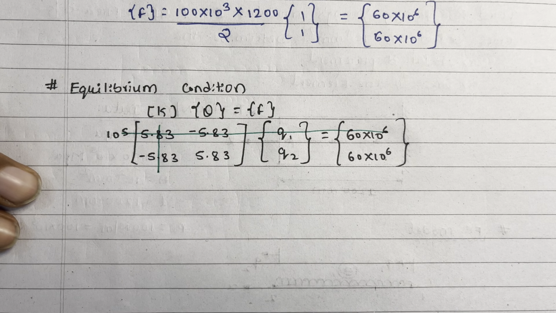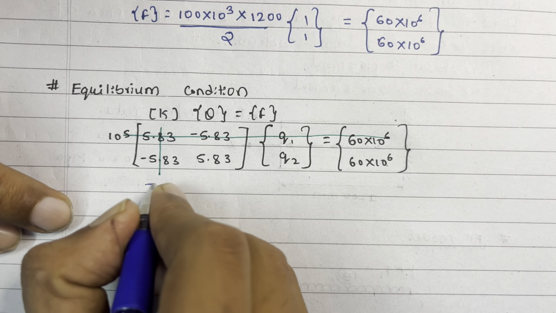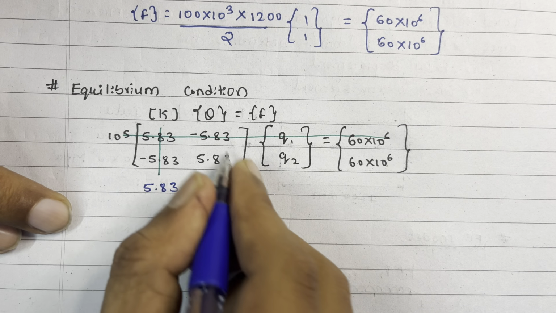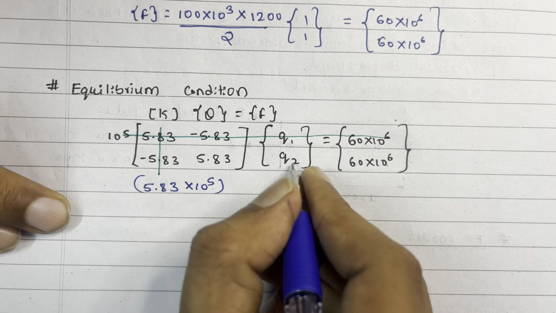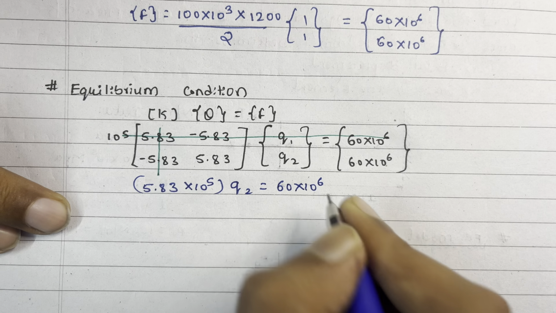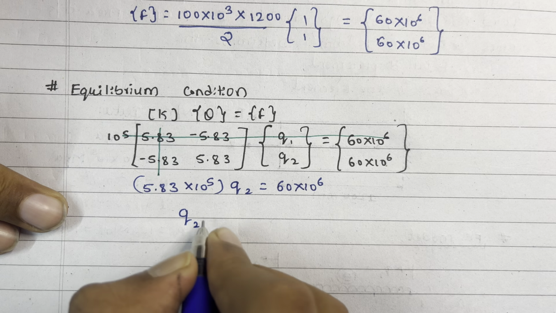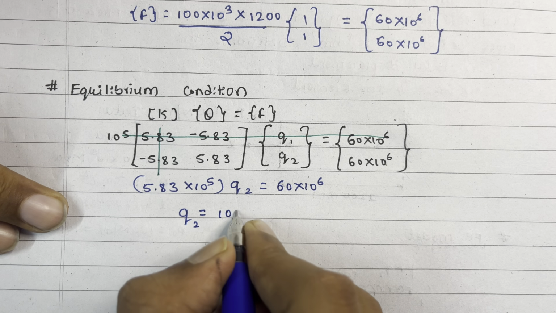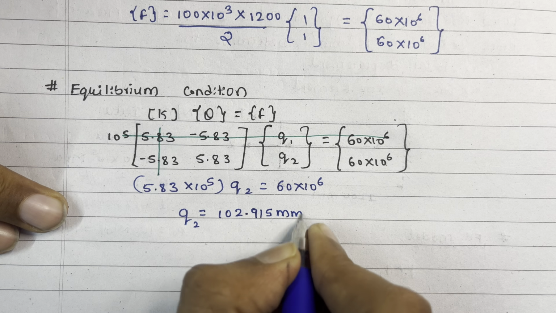I will write the remaining: 5.83 into 10 raised to 5 into Q2 is equal to 60 into 10 raised to 6. After solving we get Q2 equal to 102.915 mm.